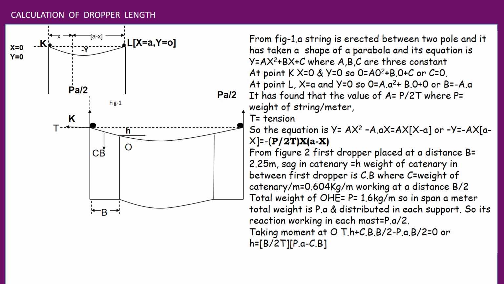We'll take moments about point O. So it will become T into H. T is the tension and its distance from the line of action to point O is H, plus, because both the moments are plus, C into B, meaning catenary weight up to B, and it acts in the middle of the distance, so B by 2.